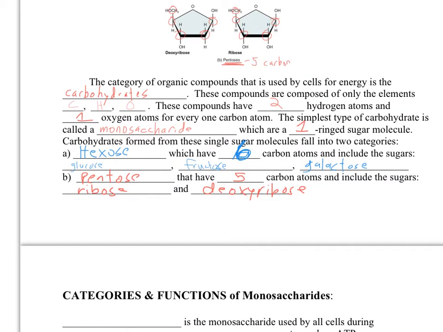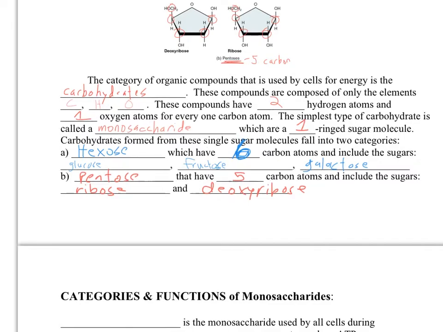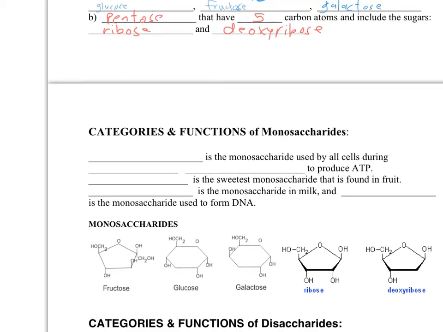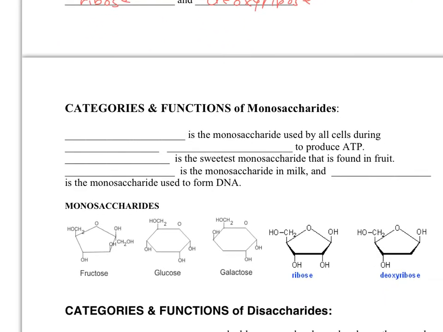Y'all see that okay? Okay, so next page it says blank is the monosaccharide used by all your cells during blank blank to produce ATP. So that would be glucose.